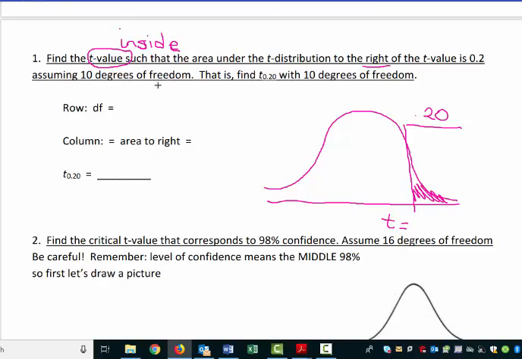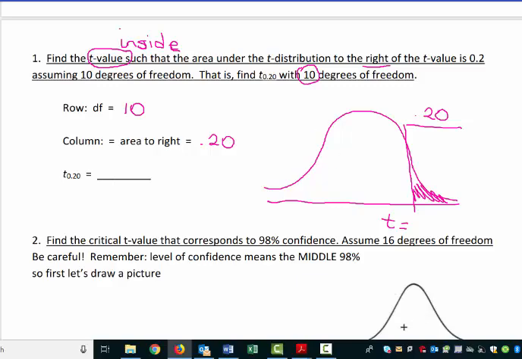So first thing I need to know is the degrees of freedom, and it's given to me already. Be careful, because sometimes it gives you n and sometimes it gives you degrees of freedom. So degrees of freedom is 10. I don't have to do any subtracting of 1. Area to the right, we already drew the picture, but it's 0.20.